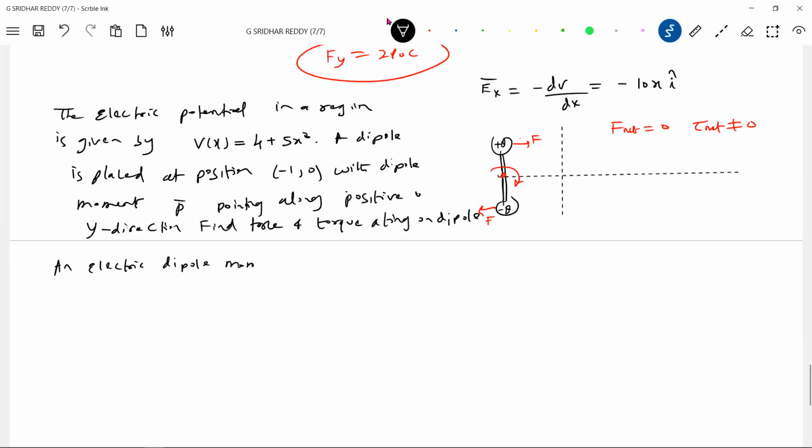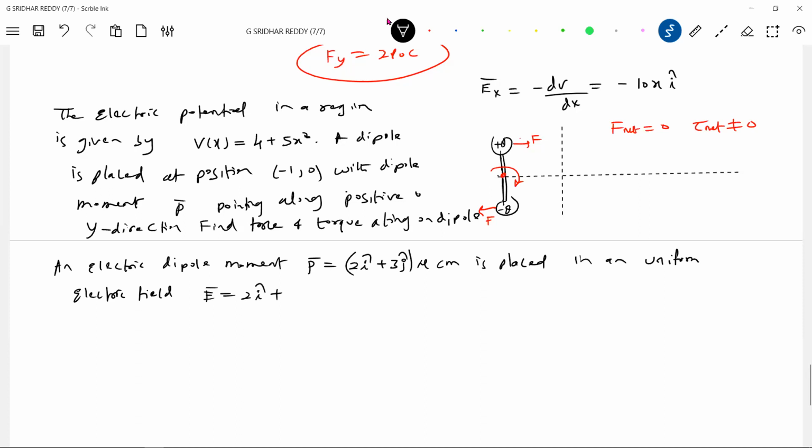An electric dipole moment, p bar equal to some microcoulomb meter, is placed in a uniform electric field, E bar equal to 2i cap plus 2k cap (10 to power 5 Newton per Coulomb).